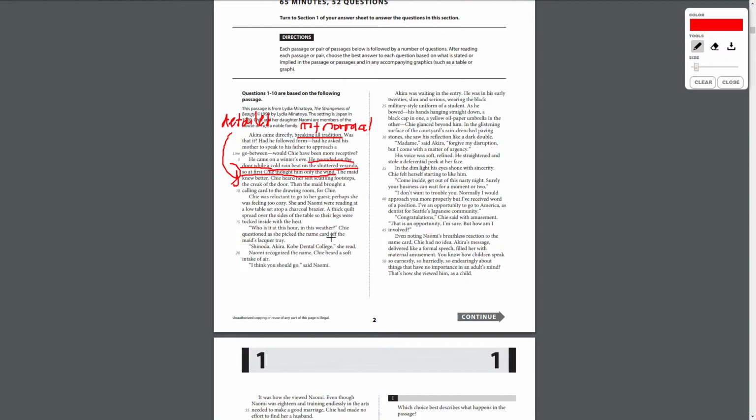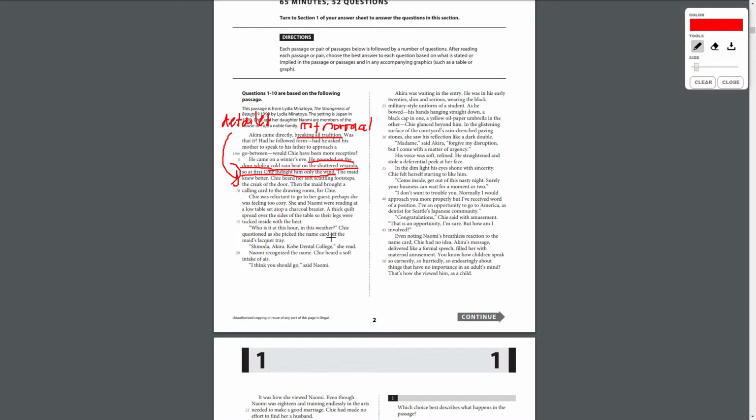Who is it at this hour in this weather? She questioned as she picked the name card off the maid's lacquer tray. Shinoda Akira, Kobe Dental College, she read. Naomi recognized the name. She heard a soft intake of air. I think you should go, said Naomi.